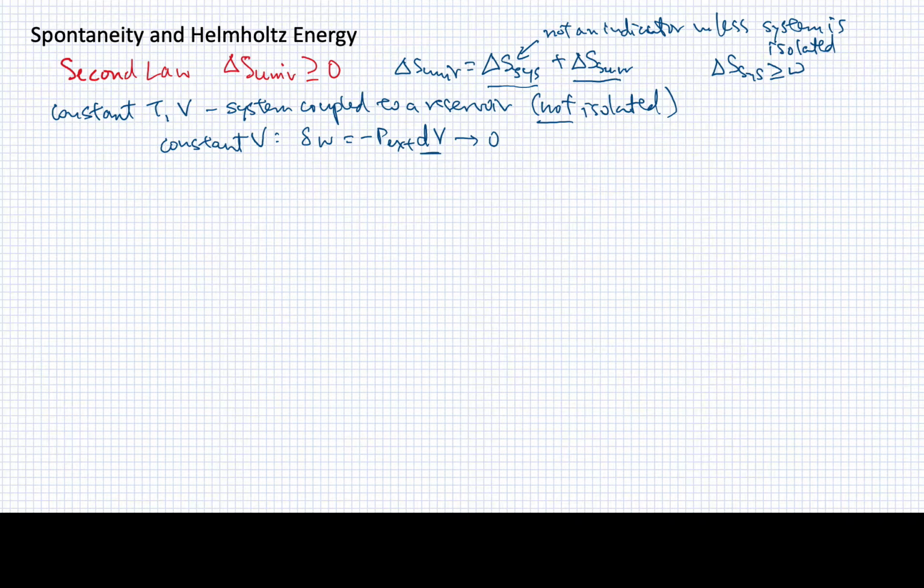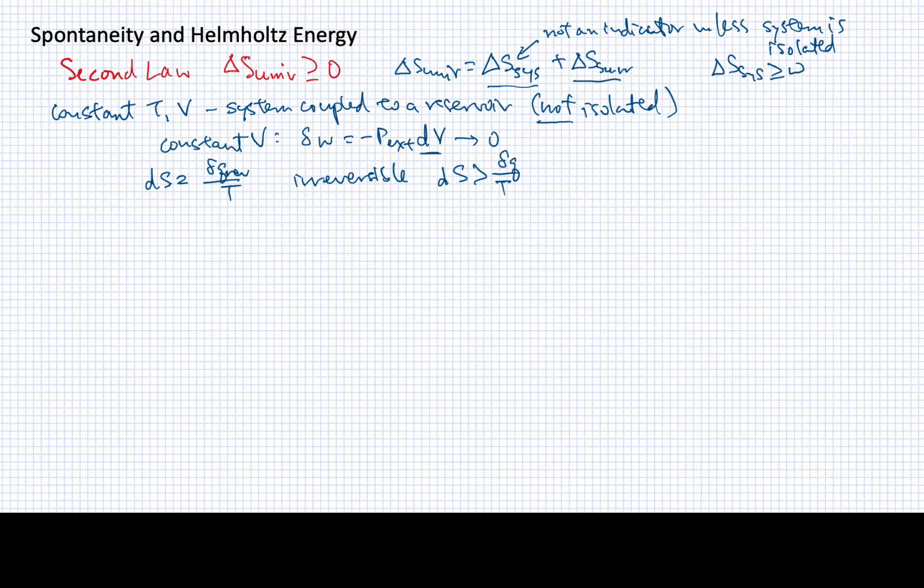For the entropy of the system, remember that the definition is the reversible increment of heat change divided by temperature. If I had an irreversible process, however, and that's where we're mostly talking about spontaneous processes, then I'm always going to have an inequality that tells me that the differential change in entropy is always greater than this increment of heat divided by temperature.